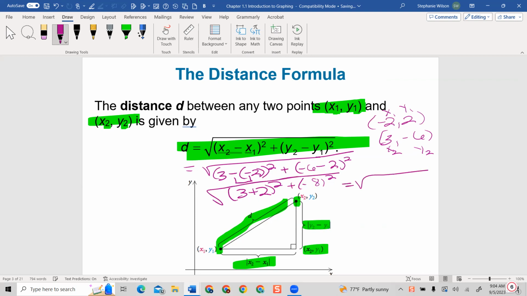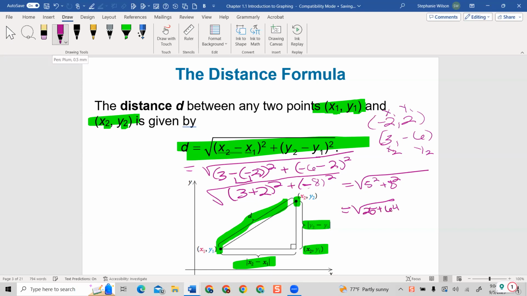Now, I got 3 + 2 is 5, and I got 5 squared. And it's not just 8, it's a -8 squared. Well, negative times negative is positive, so if you square it, it becomes positive. So that means I got an 8 squared. 5 squared is 25, 8 squared is 64.